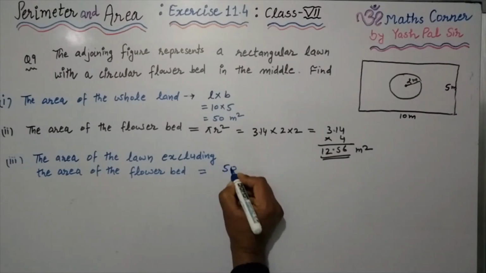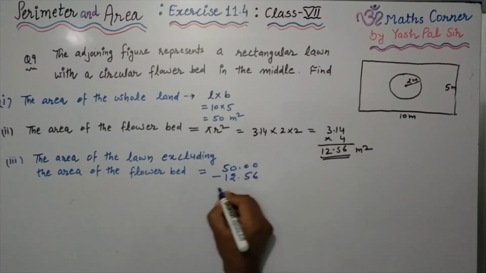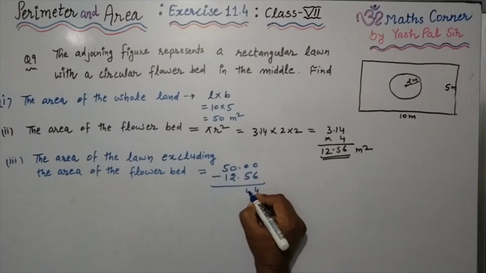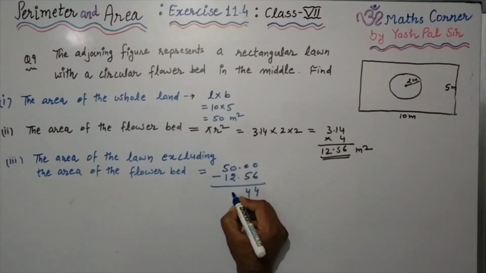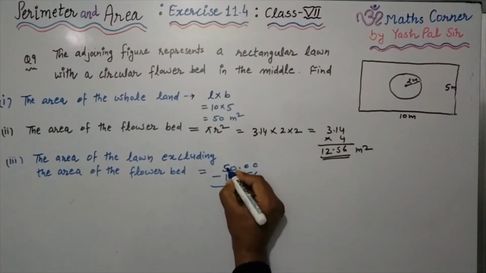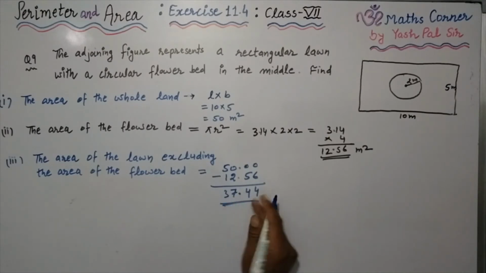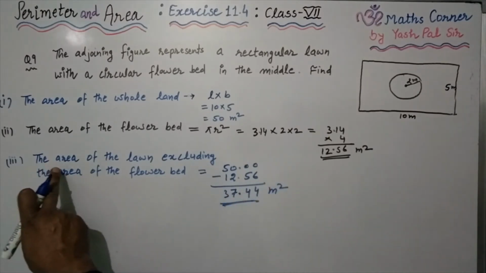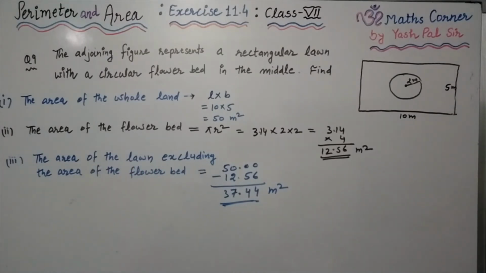This is equal to 50 minus 12.56. 10 minus 6 is 4. 9 minus 5 is 4. This is 9, 9 minus 2, 7. This is 4, 4 minus 1, 3. So 37.44 meter square is the area of the lawn excluding the area of the flower bed.